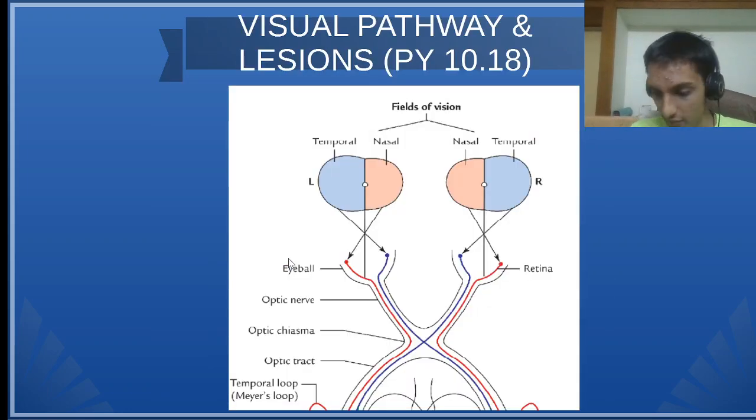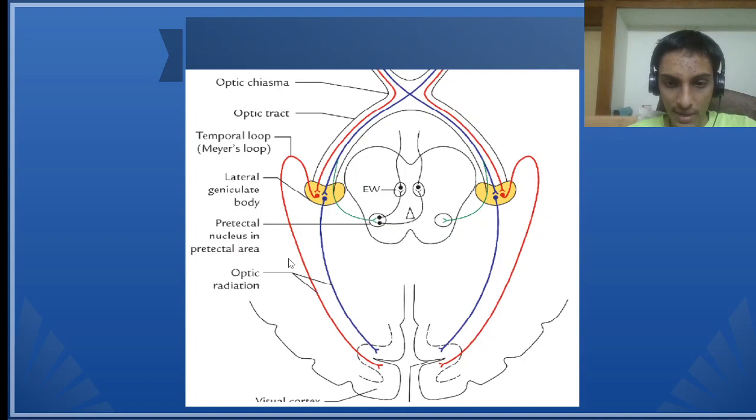Now the visual pathway, it is a summary of the accommodation reflex. So what is happening? This is the calcarine sulcus. From that the neurons are coming, that is the optic radiation, and then into the lateral geniculate body, they are relaying. Then this will form the temporal loop. This red one is Meyer's loop.